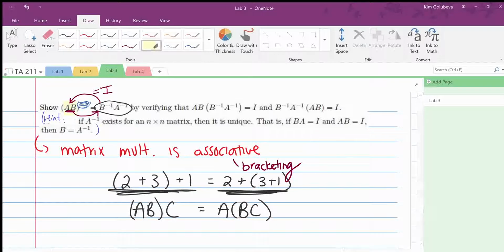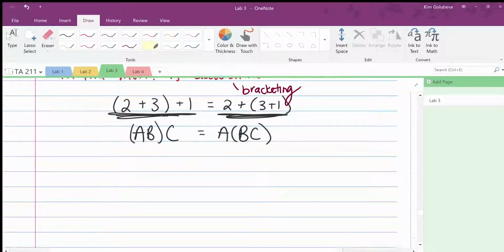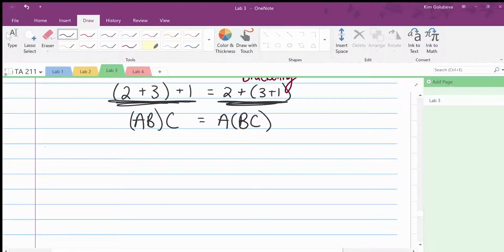So that's just what it's saying right here. Just like we did in the last problem, we want to find out if, in fact, the inverse of AB is equal to this thing here. Then we have our two cases. They give us the cases, which is very nice.